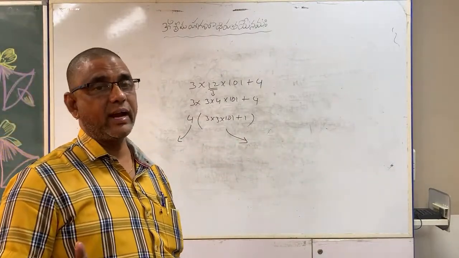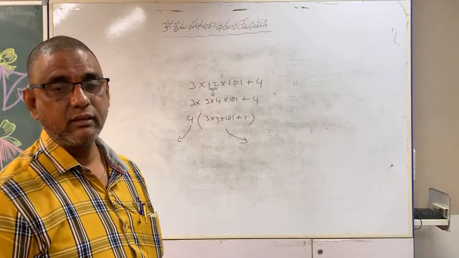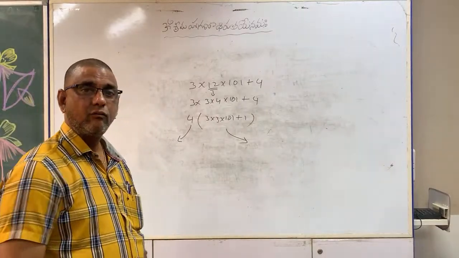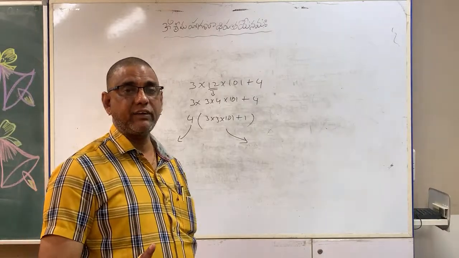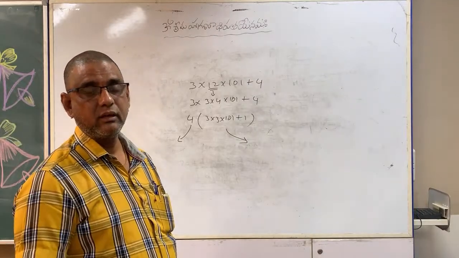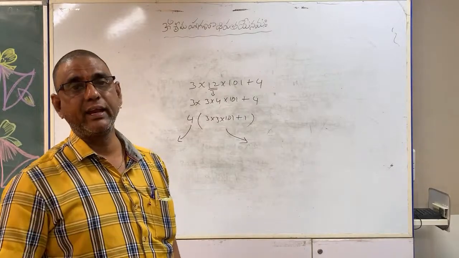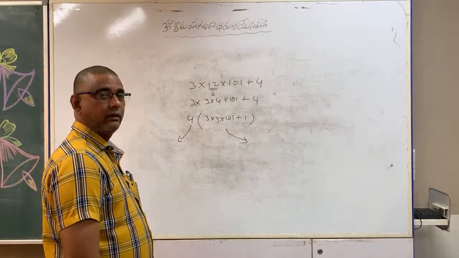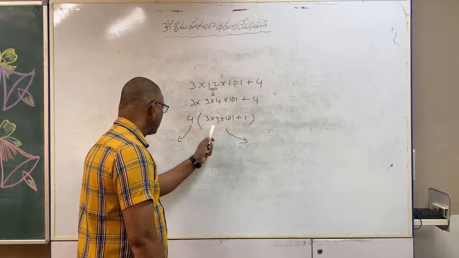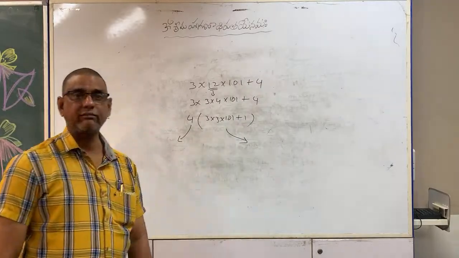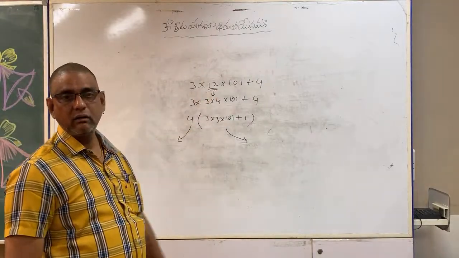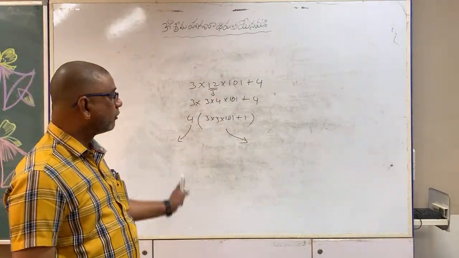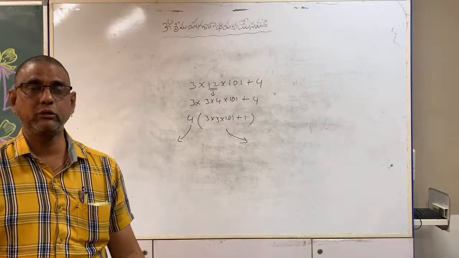Every number is a factor to itself, and 1 is a factor of every number. Okay, and 2 more are here. 4 is a factor and this one is also another factor. So this number has 4 factors, so it is a composite number.